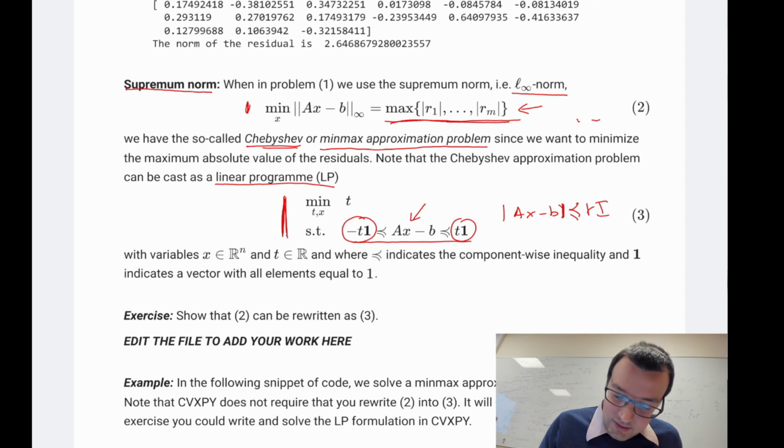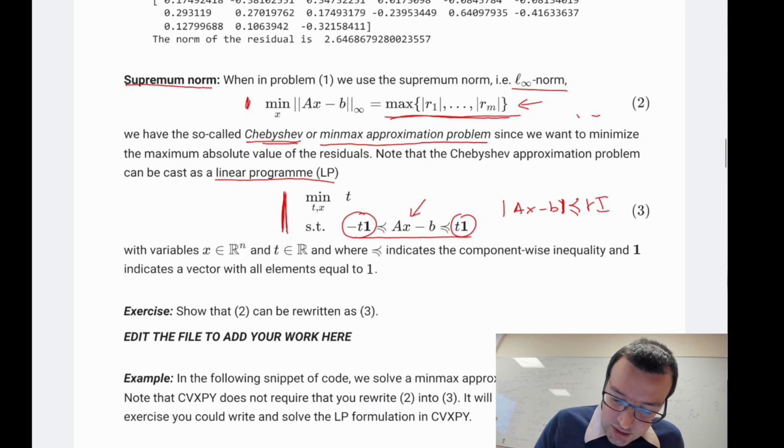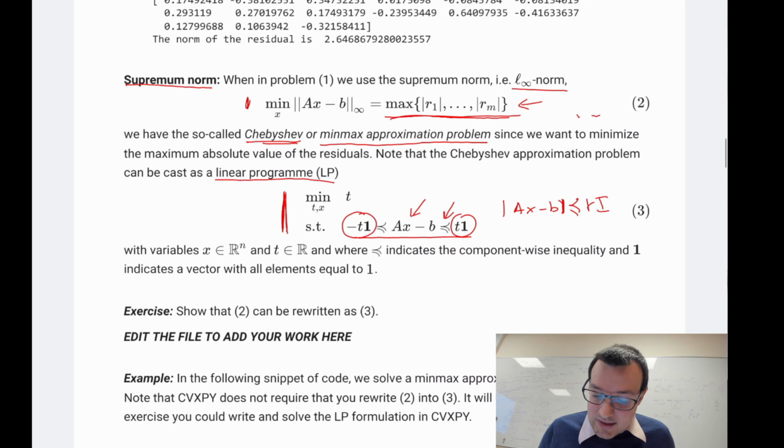And here, let me introduce some notation. This type of inequality is a component-wise inequality. We are taking each residual, and for each residual, we are doing a component-wise inequality. Here t is just a scalar number, and 1 is a vector of ones.